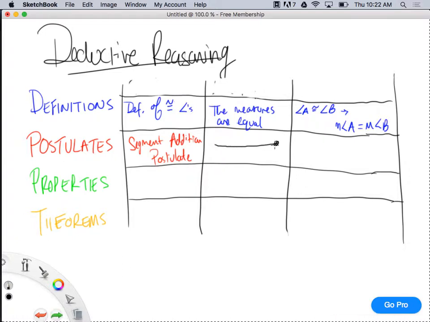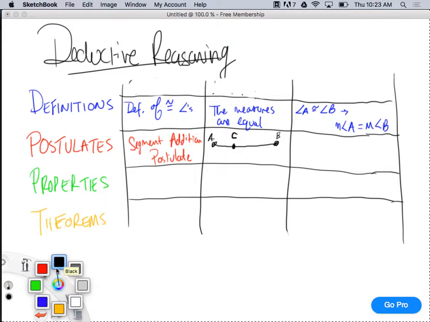Well, the segment addition postulate says if I have this segment AB, and I put point C in between them, then I know that AC plus CB equals AB.